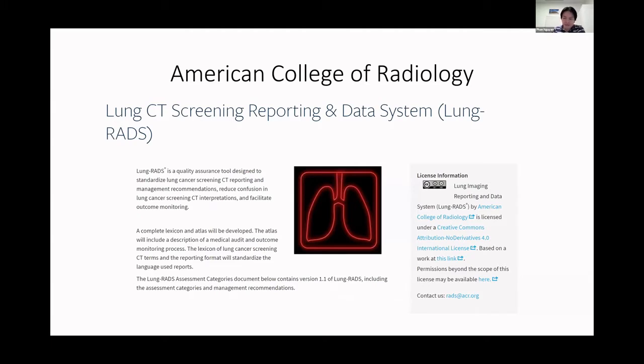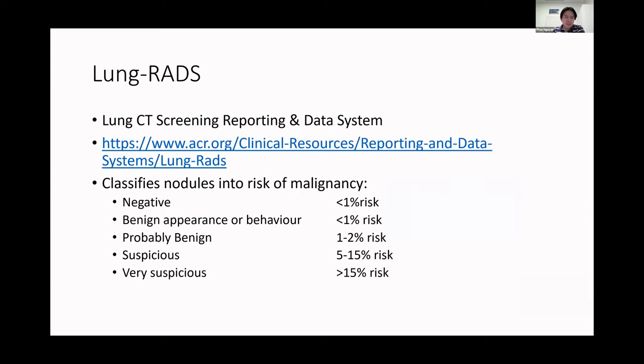And again, you can find this resource fairly easily available online at this web address, but they classify nodules into different risks of malignancy. So negative being less than 1% risk, benign appearance or behavior less than 1%, probably benign, so 1 to 2% risk of cancer, suspicious being 5 to 15%, and very suspicious being greater than 15%.